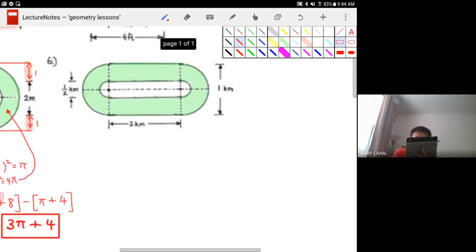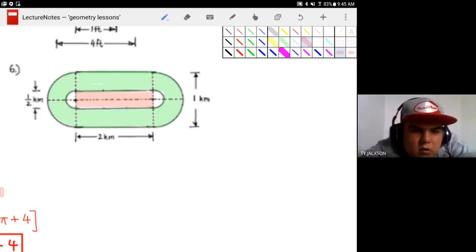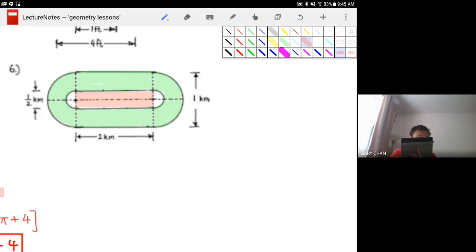All right. Let's take a look at the last one. Same idea. What's the area of the small rectangle on the inside? That is going to be 1. The height is 1/2 times 2.